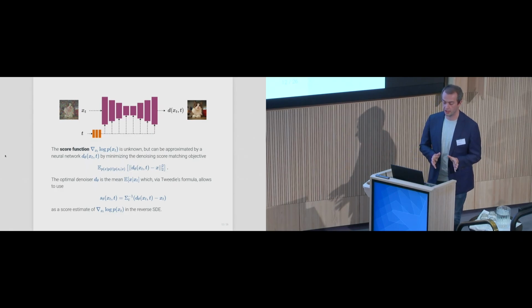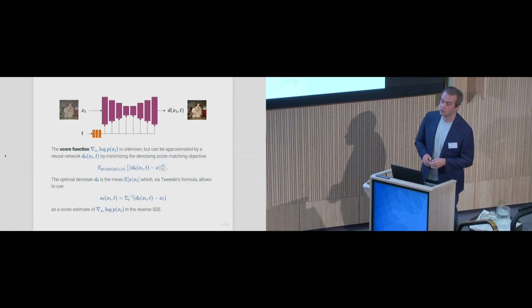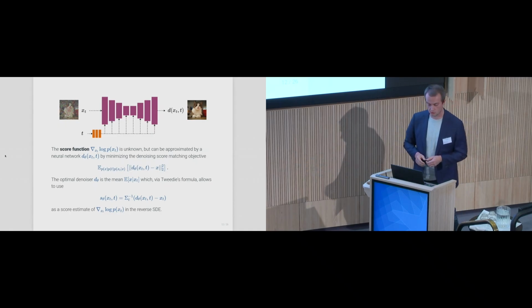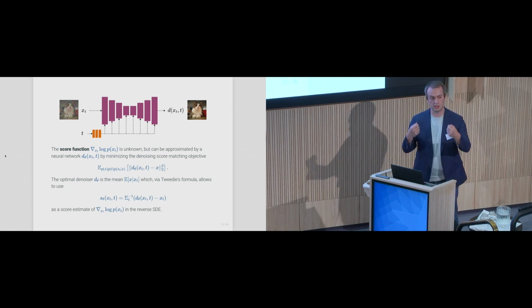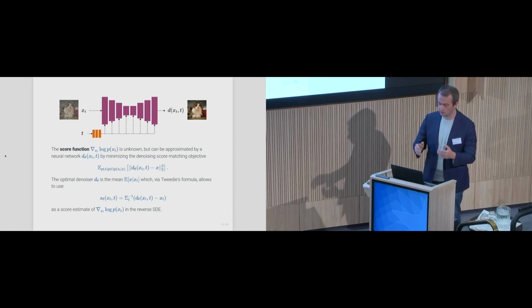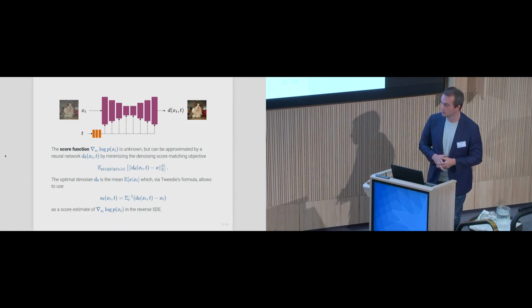And so very intuitively, what we do is that we train a neural network, and the neural network takes as input a noisy version of the data, the one that we produce with the diffusion process, together with the time step, and we ask this network to recover the clean version of that input. Okay, and we train this network to do that at all levels of noise t.